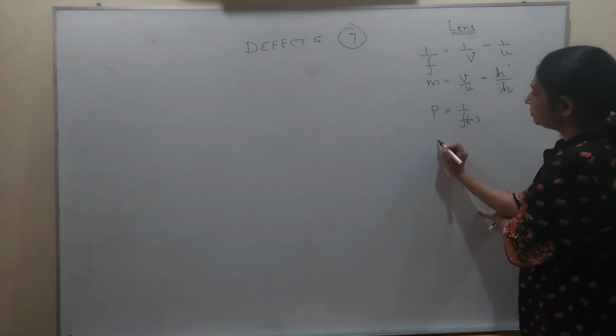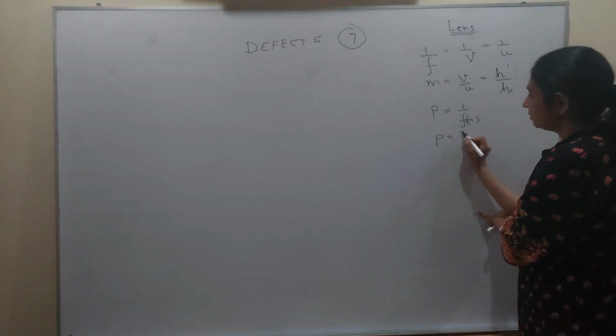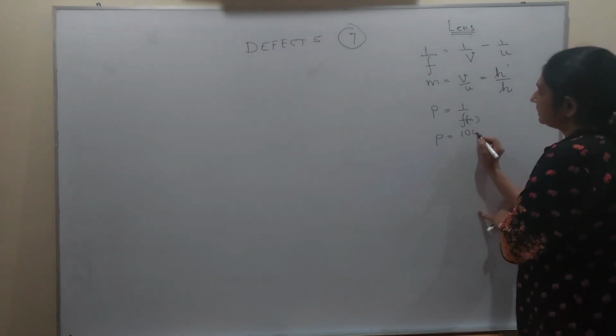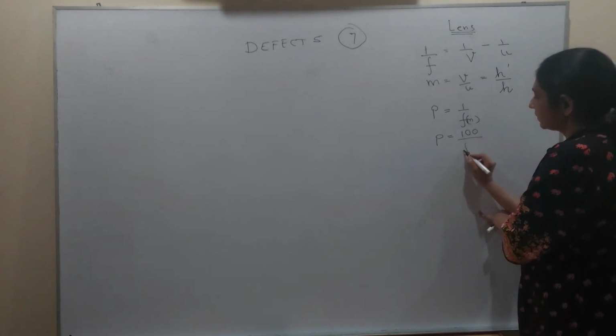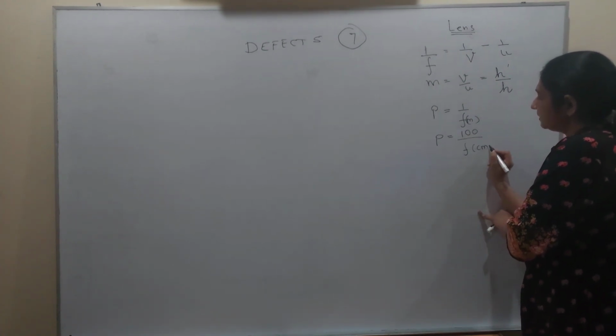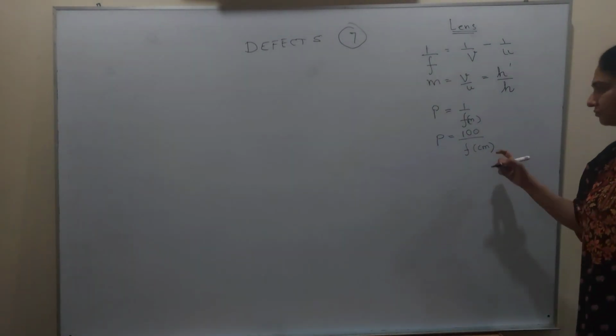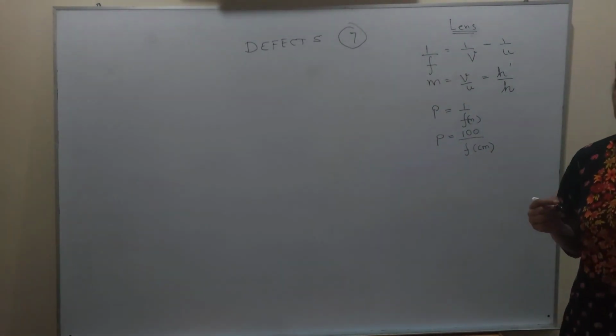I want to introduce one more formula here, which is prone to fewer mistakes. Here, the focal length is to be kept in centimeters. This is the real formula. This is the derived formula.